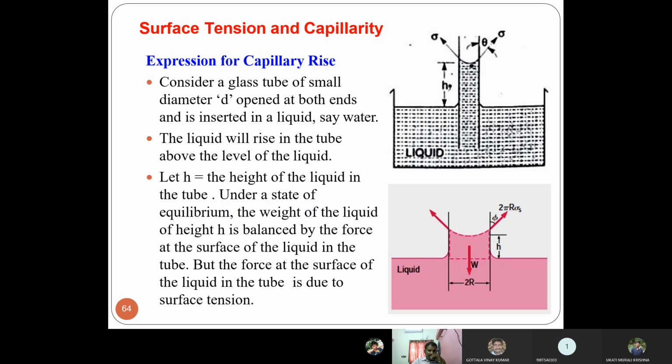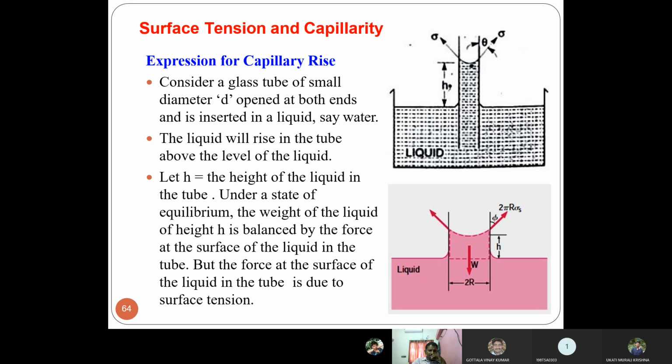Expression for capillary rise. Consider a glass tube of small diameter D, open at both ends, inserted in a liquid, say water. Understand, there is water, and in this water a glass tube is dipped. Let the liquid rise in the tube above the level of the liquid.